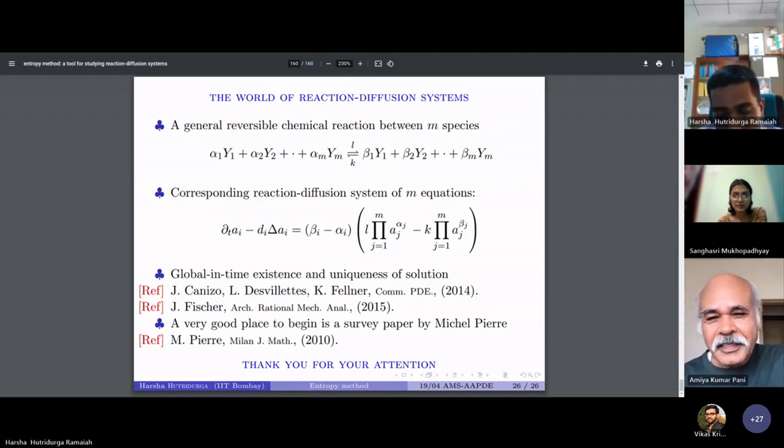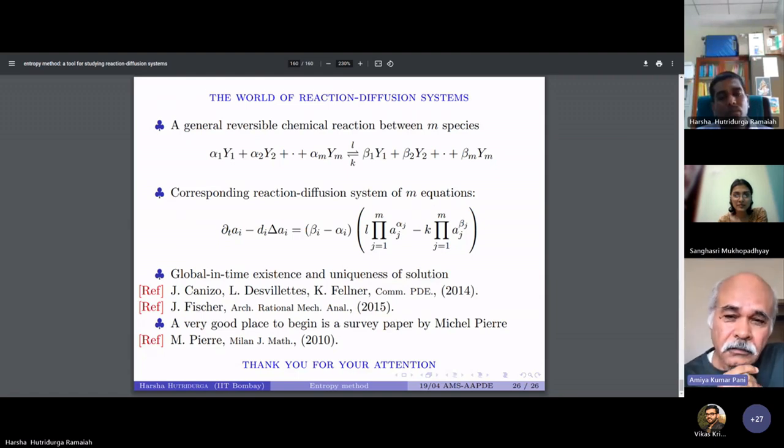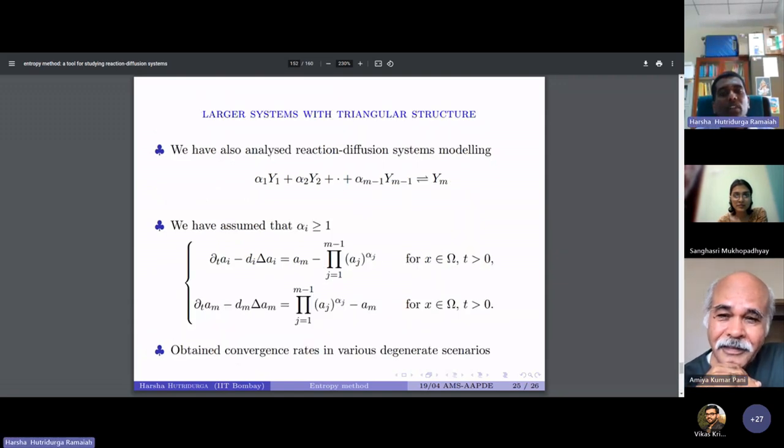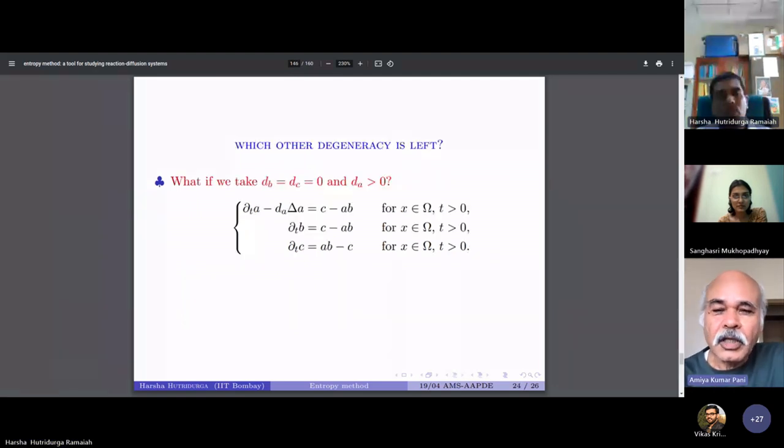Another question is, you see, if you add A, B, and 2C, then the right-hand side is going to be 0. So you have a conservation property. Does it help?